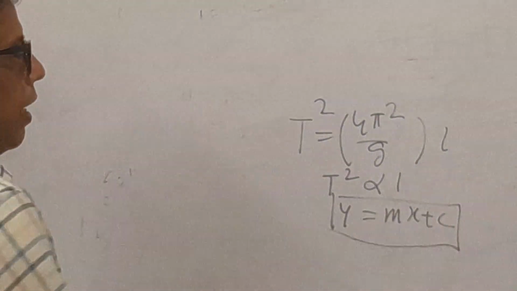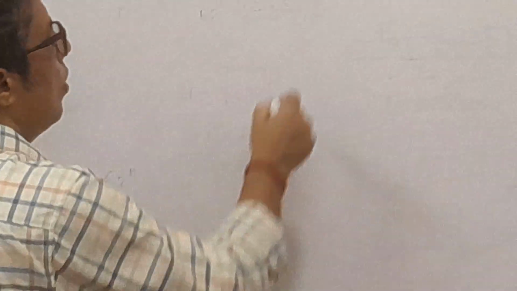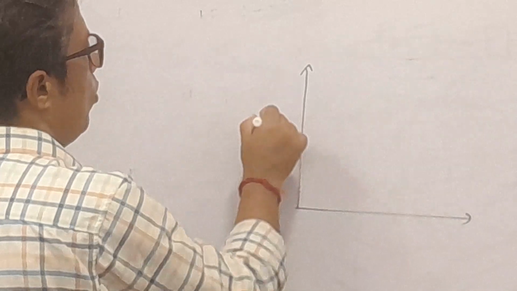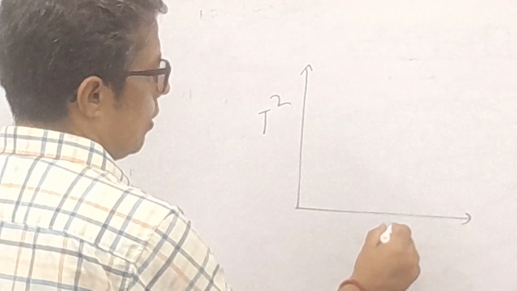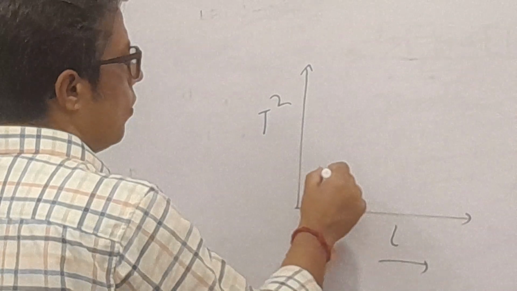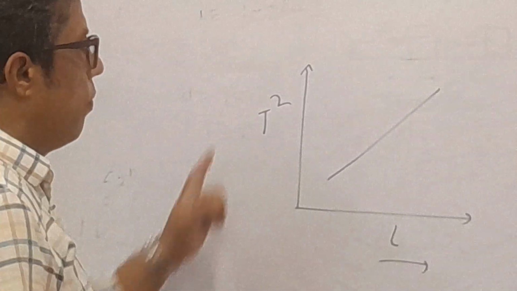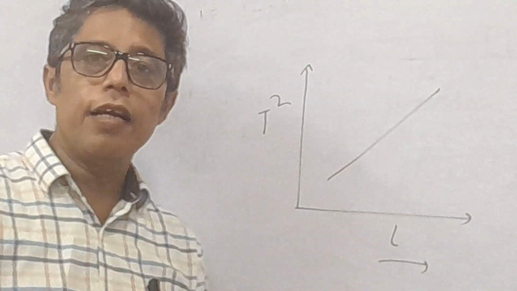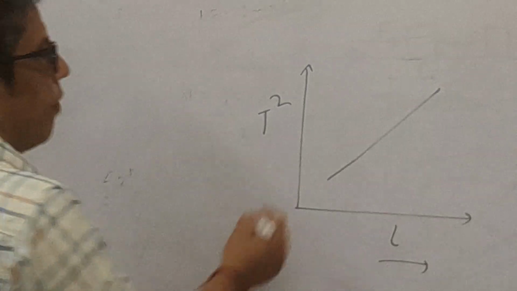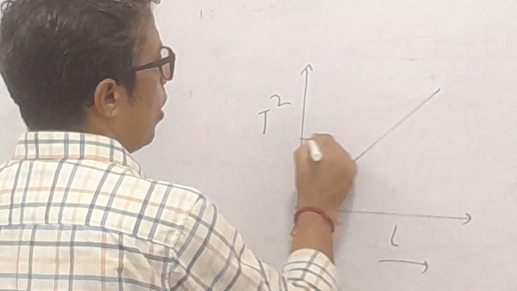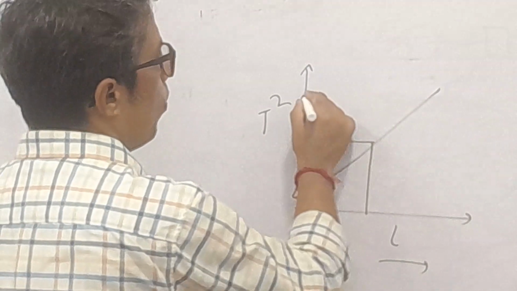Let's draw it. The y-axis will take T square and the x-axis will be the length L. This will be a straight line because it has a linear relation. Here we have to get the slope of this graph.